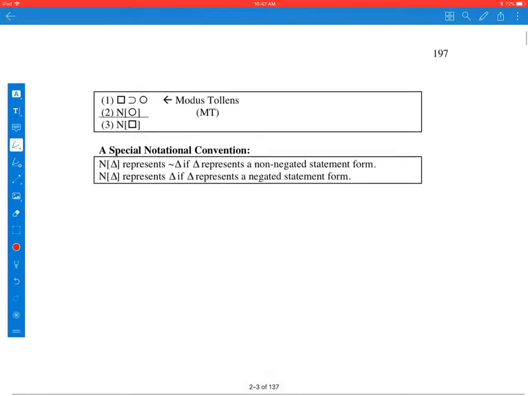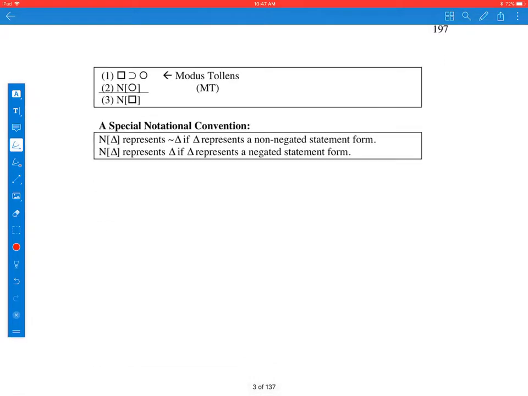rule of inference, modus tollens. One thing we need to talk about before we really think about modus tollens is this notation that we have here, this n with brackets and some variable inside. What this means for us is the opposite of whatever's in here.